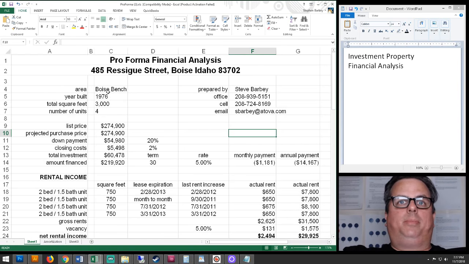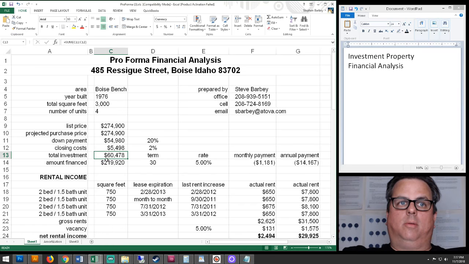So know essentially that the rule of preparing this document is that if you click in an area, and if I click on this cell right here, up here you can see that it's an equation: equals sum open paren C11 colon C12 close paren.